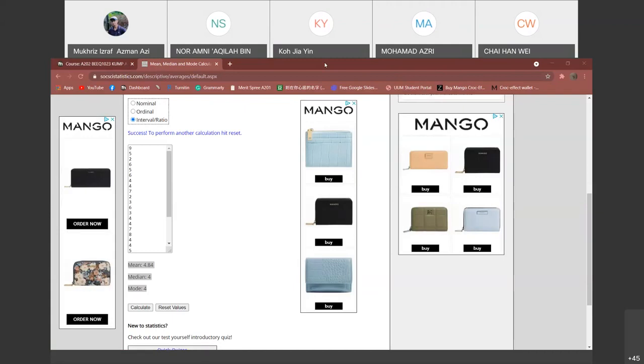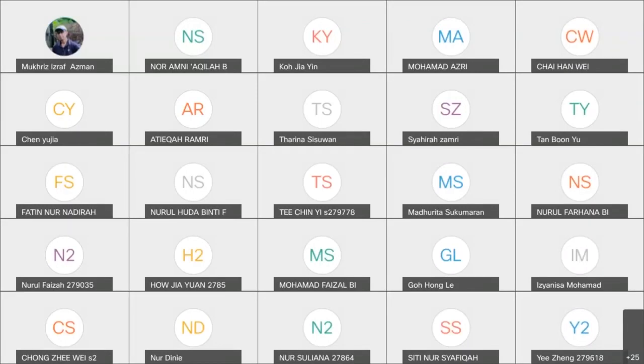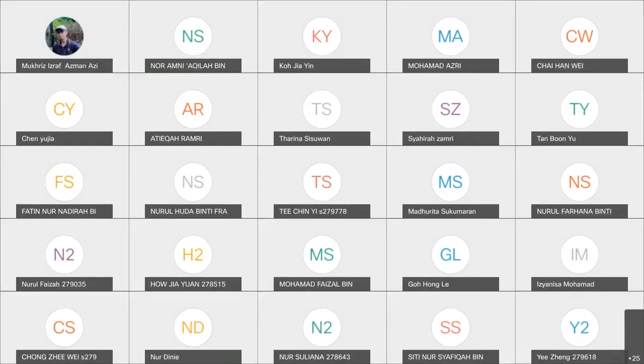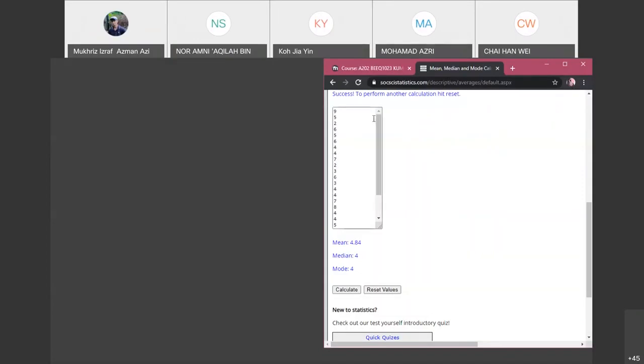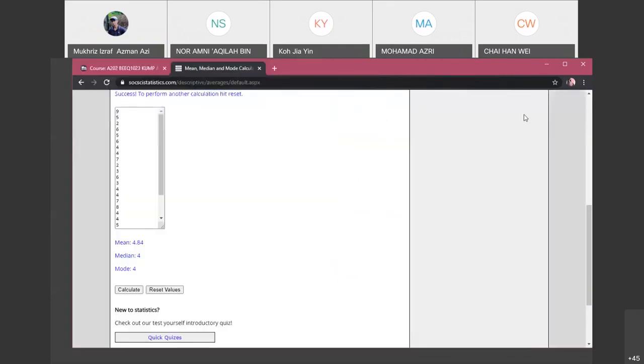Okay, Ainul Bashira, 281733, can you share your screen? So this is a simple, straightforward tool that you can use throughout the whole semester, whenever you want to calculate the mean.